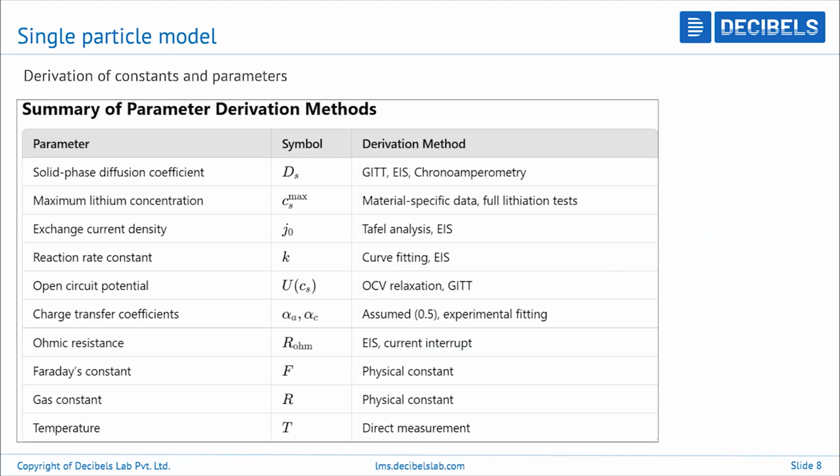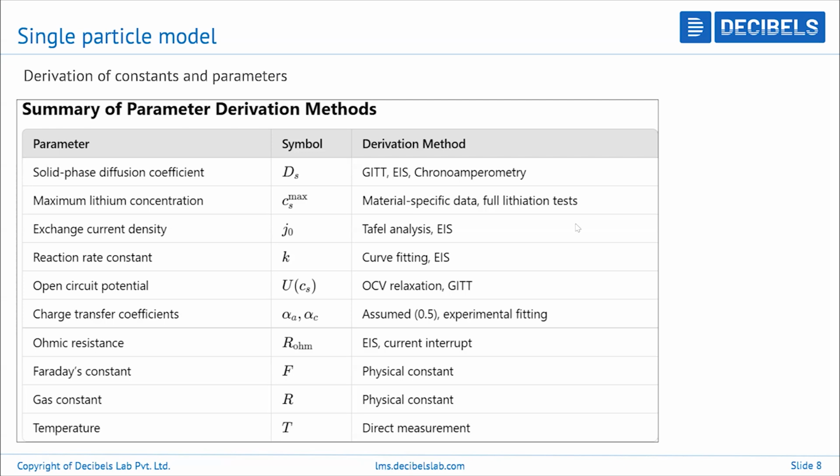Once you understand this set of parameters and how they are derived, we're able to go back to the equations and use them for modeling. For 2D, it would cross more than 50 to 60 parameters, and that's where the 2D model loses its advantage, as it becomes very complicated to solve. So that is the advantage of the first order, the single particle model.